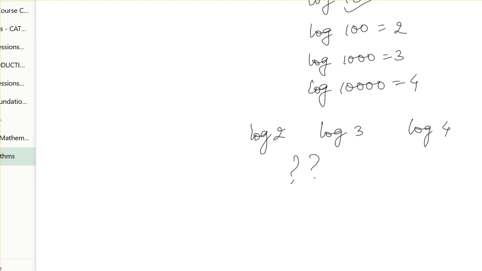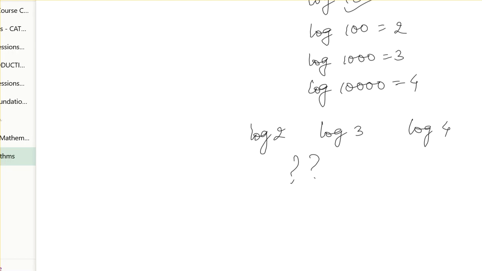If base is not specified, then no one can help us, not even a digital calculator. So right now we are given the base. Common logarithm is base 10 by default. So for that we have logarithmic tables and scientific calculators also.